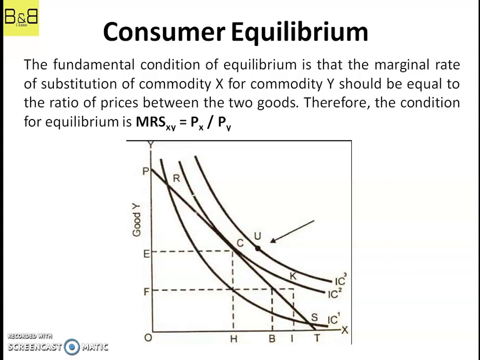At point C, where OH quantity of good X and OE quantity of good Y is consumed, the consumer will be in equilibrium.